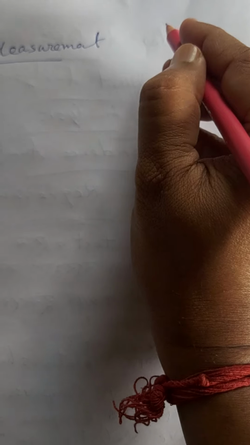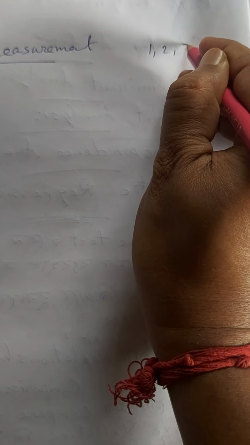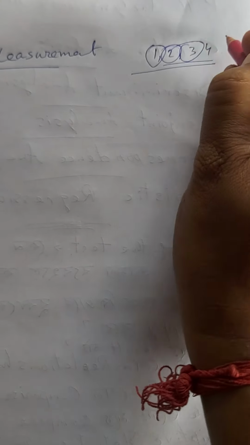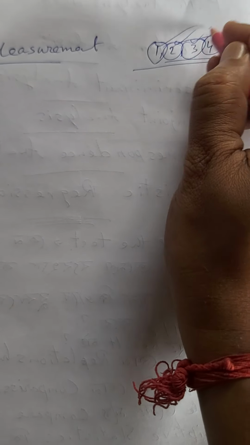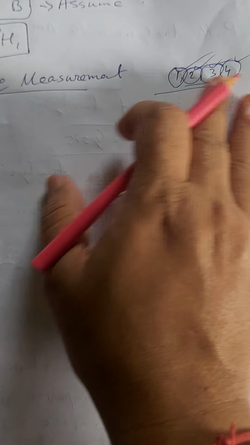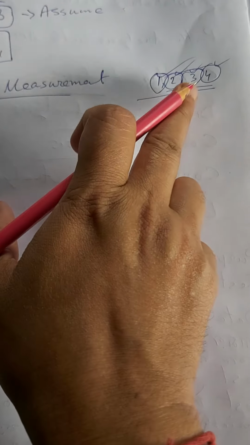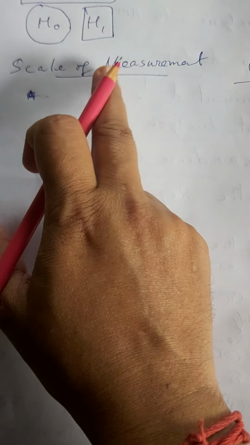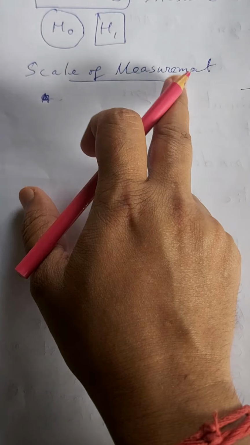But SPSS wants numeric format. SPSS wants numbers, anything like 1, 2, 3, 4, maybe 100, 250, any number. SPSS only calculates numbers, that's called numeric. SPSS does not calculate alphabetical things.